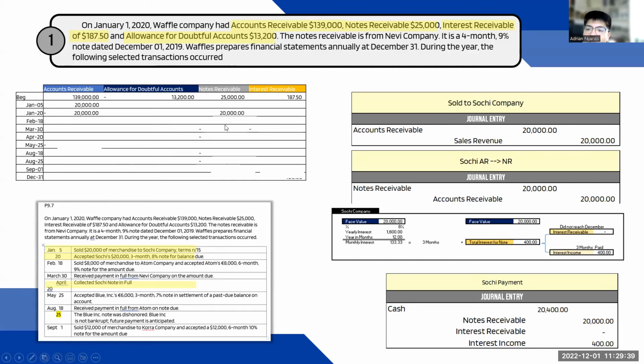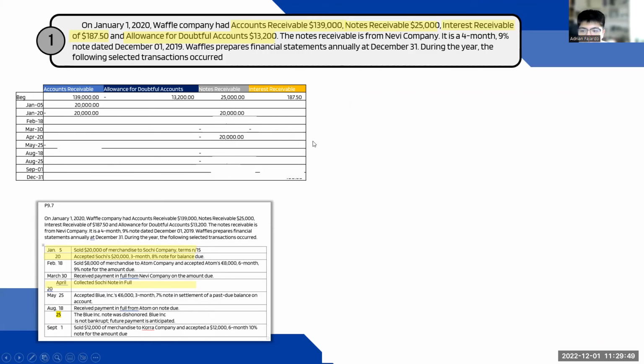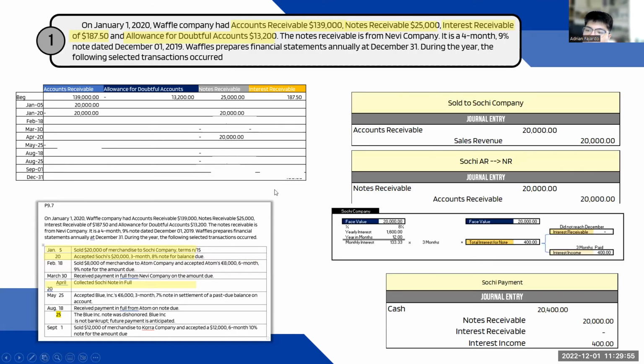So how will this affect our table? Minus 20,000 in notes receivable on April 20. And the interest income of 400, wala naman siyang effect kasi hindi naman siya interest receivable, right? So wala siyang effect.